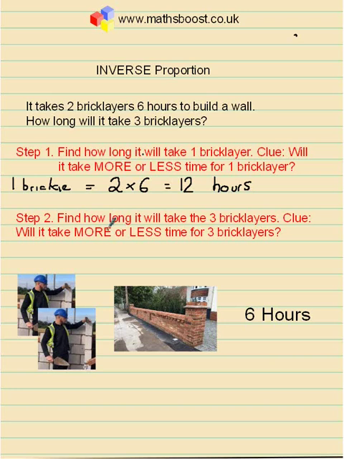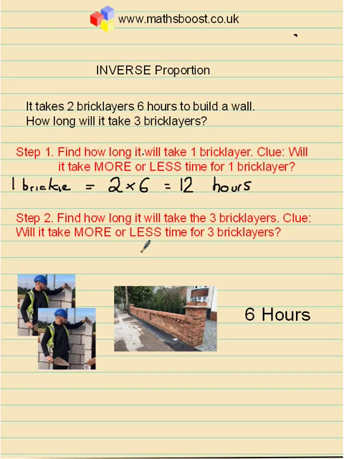Now we'll find out how long it will take 3 bricklayers. Now if 1 bricklayer takes 12 hours, stop and think, with 3 bricklayers, will the time go up or down? Hopefully you've worked out with 3 bricklayers working on it, the time will go down, so we'll divide to get a shorter time.